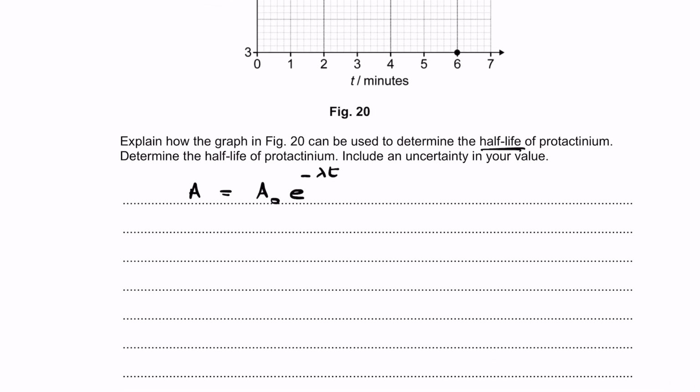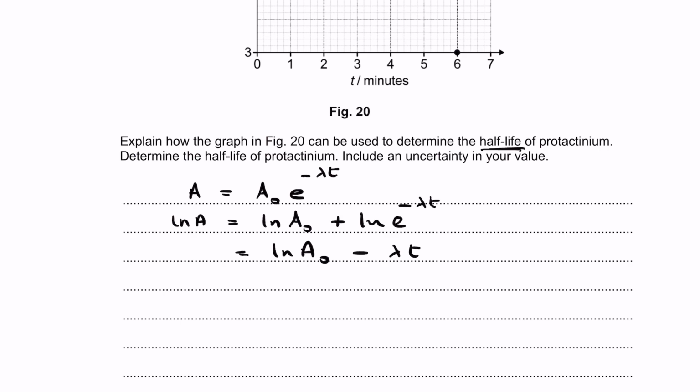Whenever you take ln of both sides and the two functions are multiplied, you add them, and because you have e to the minus lambda t, it would just reduce to minus lambda t.